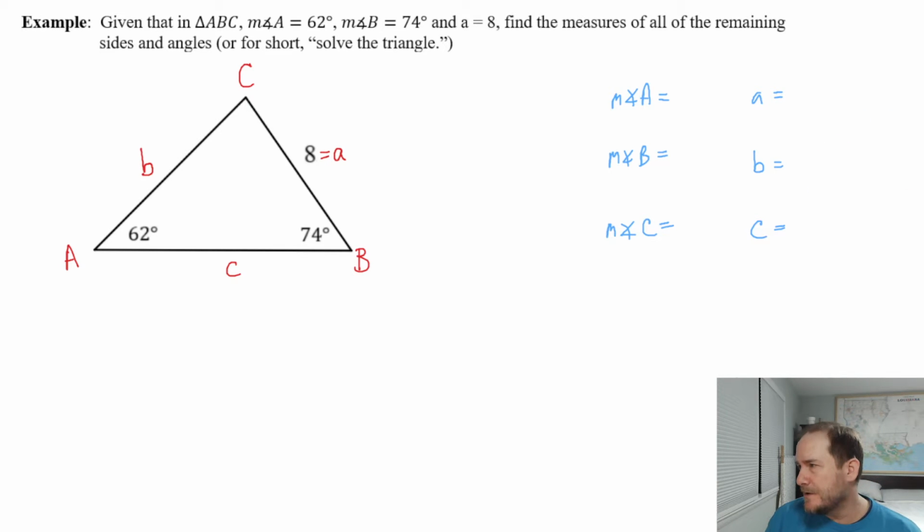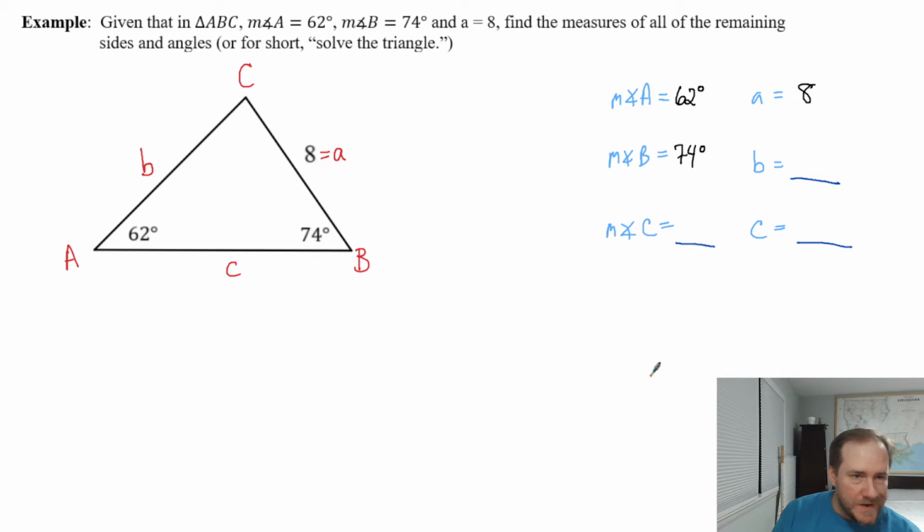So what do we know? What were we already given? We were given the measure of angle A at 62. So that's already known. The measure of B was given at 74. So that's known. And we were given that side a was 8. So it looks like we have to find on our own side b and angle C and side c.